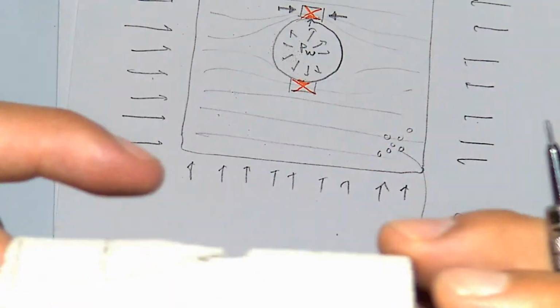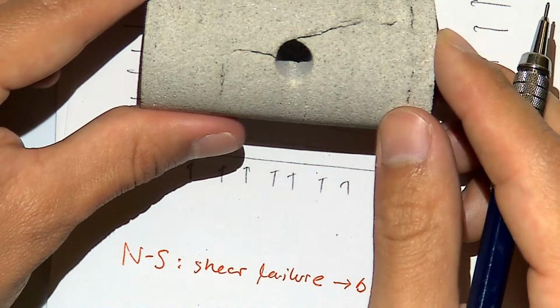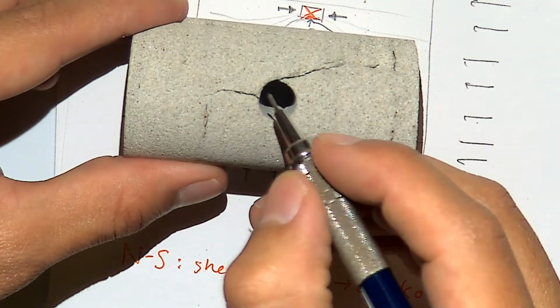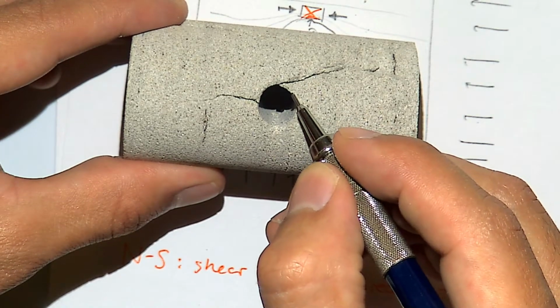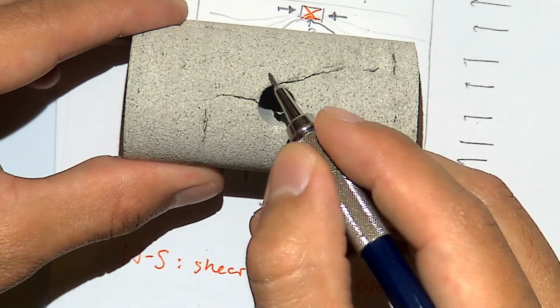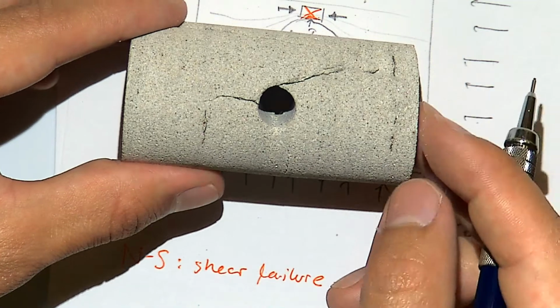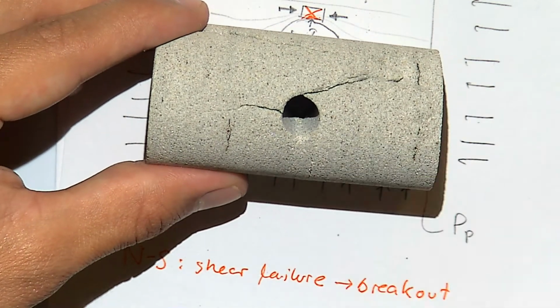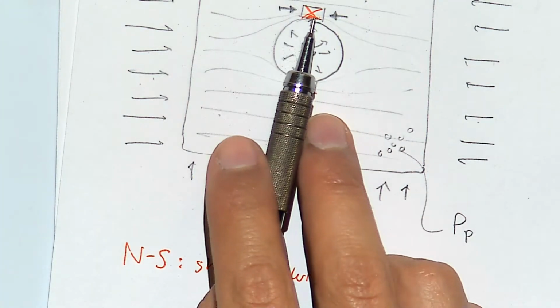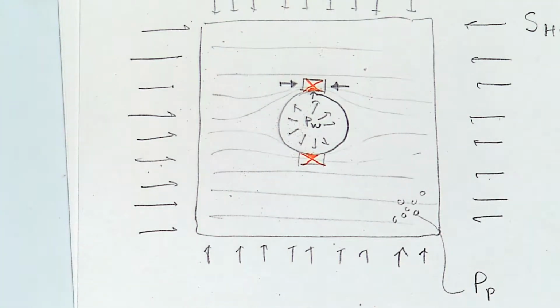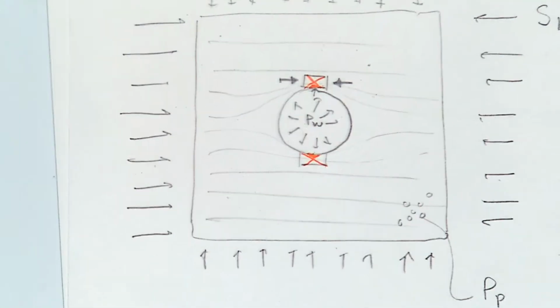But let me see the other direction. Okay. So this failure, notice that it goes at an angle, and now we're missing the failure in the other direction if we had a breakout. So in this case, we just have failure going in one direction and not in the other. But that is shear failure, and that's called a breakout.